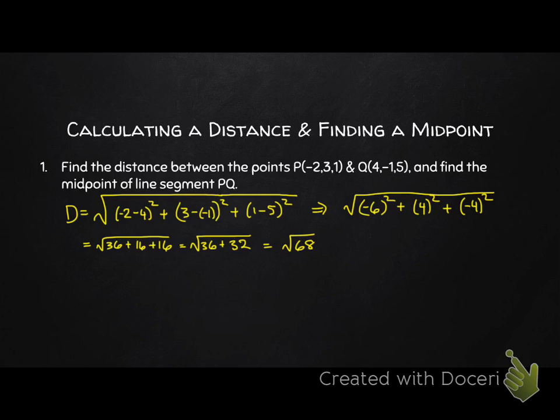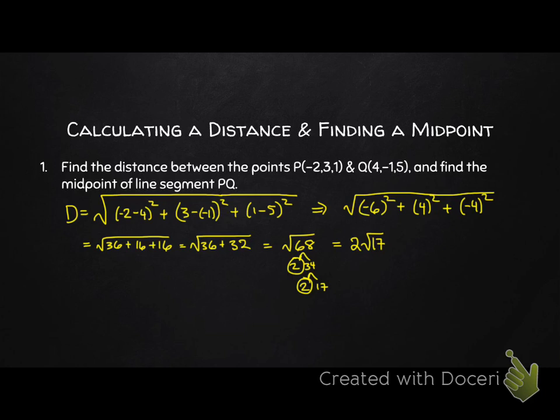I could try and simplify that more, because it could be 2 and 34, so 2 and 17. So I could pull a 2 out, giving 2 root 17. That would be the distance between the point P and the point Q in a Cartesian plane, right? So now let's find the midpoint.